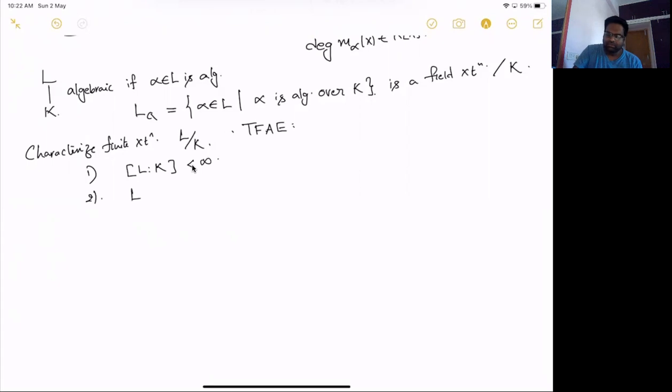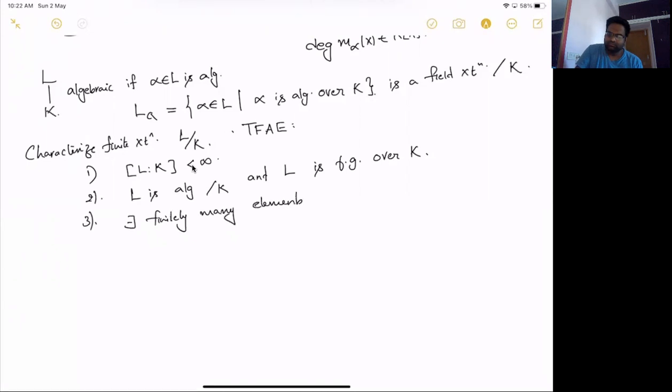Two, L is algebraic over K and L is finitely generated over K. Three, there exist finitely many algebraic elements alpha 1 up to alpha n in L such that L is equal to K of alpha 1 up to alpha n. These three conditions are equivalent.